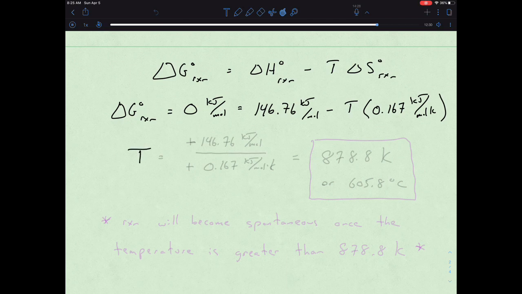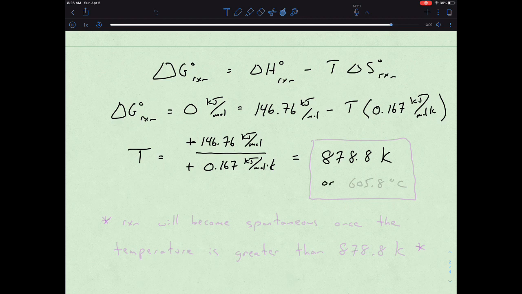So our temperature would be equal to our delta H. If I bring that over to the other side, I have a negative 146.76, and I divide over my negative 0.167 kilojoules per mole Kelvin. Our negative signs cancel out, which makes sense. We can't have a negative Kelvin, and we end up with a value of 878.8 Kelvin.